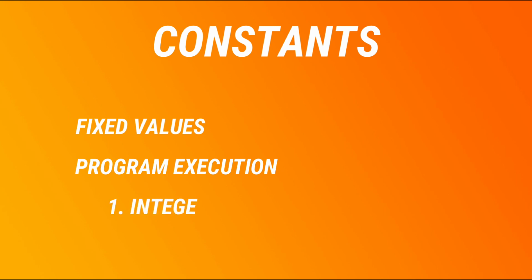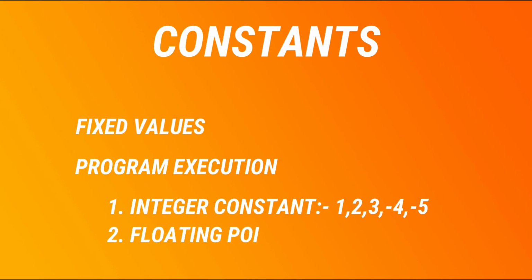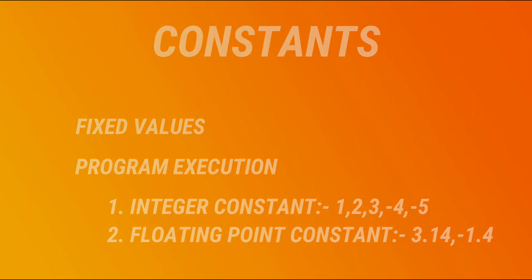The first is integer constants, such as 1, 2, 3 or -4, -5. The other is floating point constants, which contain values like 3.14, -1.4, -1.8.